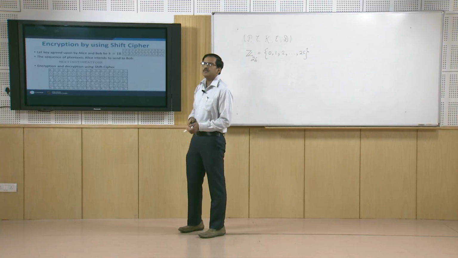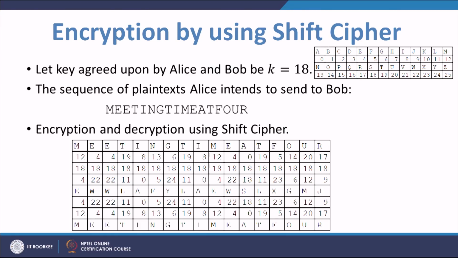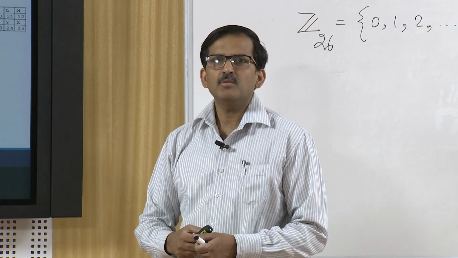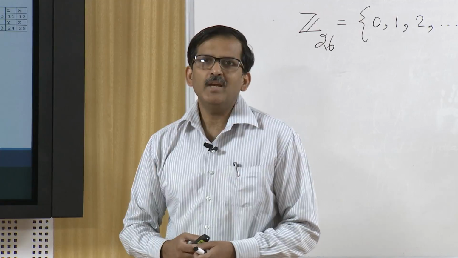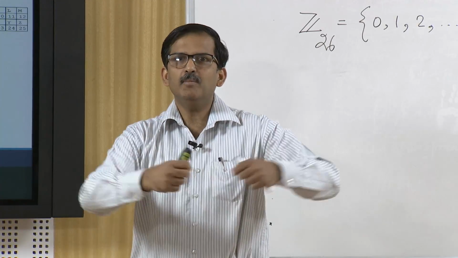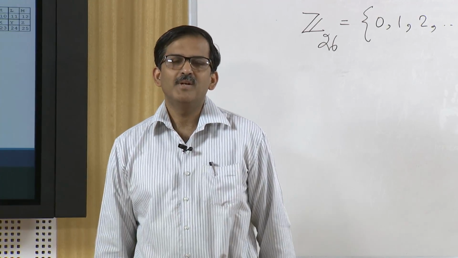A is associated to 0, B is associated to 1, C is associated to 2, D to 3, and so on. At the end x is associated to 23, y is 24, and z is 25.